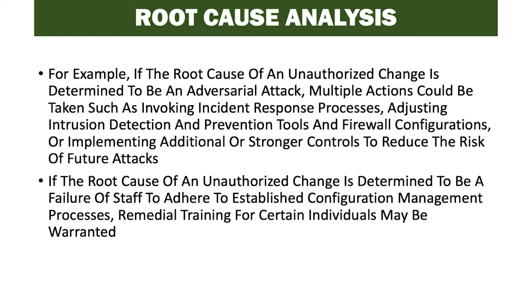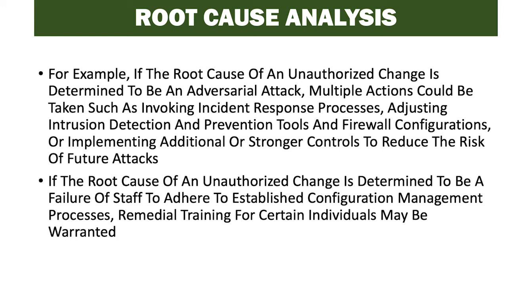For example, if the root cause of an unauthorized change is determined to be an adversarial attack, multiple actions could be taken, such as invoking incident response plans, adjusting intrusion detection and prevention tools and firewall configurations, or implementing additional or stronger controls to reduce the risk of future attacks.